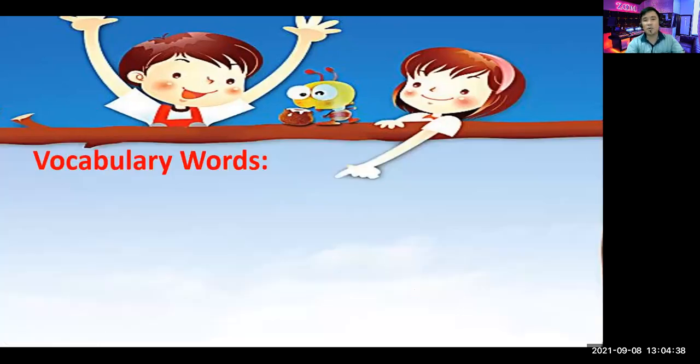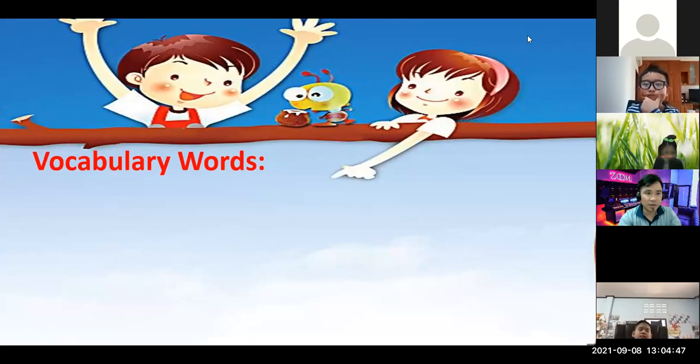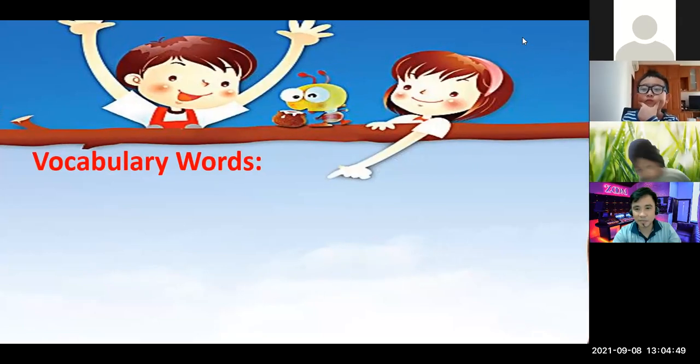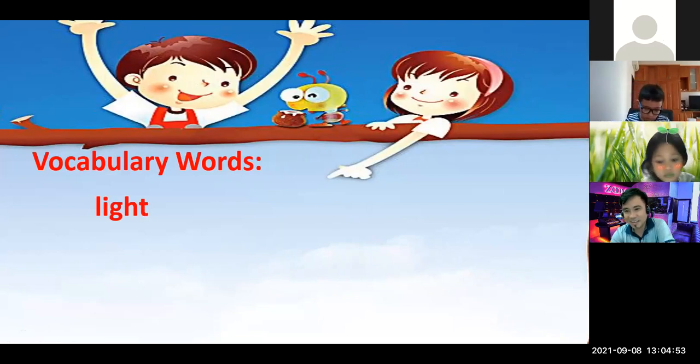These are the words that we must remember today. Here we go. First word, light. What is light in Thai? Bao. Very good.